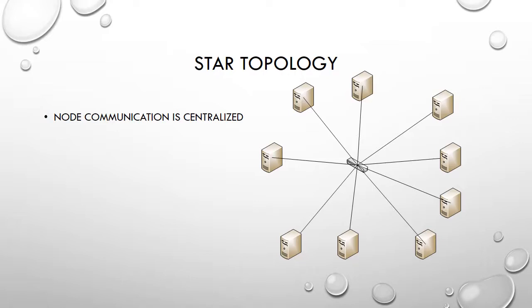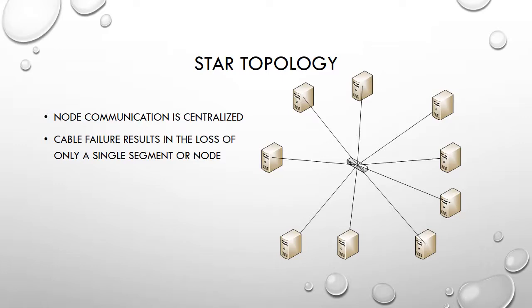One of the major benefits to the star topology is that if a cable fails, all you're going to lose is one station or one segment of that network. This also simplifies troubleshooting. If a cable breaks, you're going to know where to look for that broken cable based on which machines are not communicating.